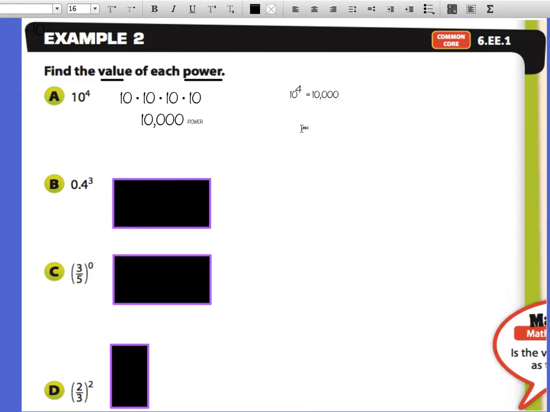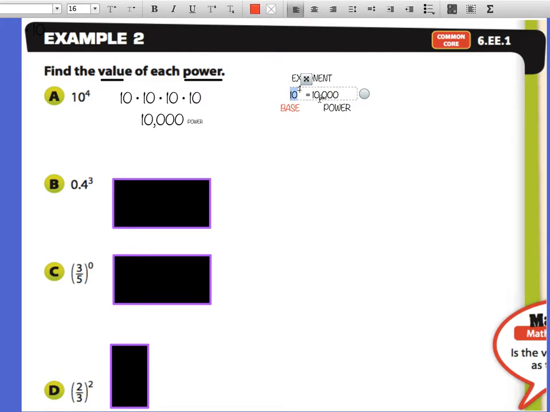All right, so I know that we say "to the fourth power," but that doesn't make it the power. So you have to remember that this is the power, this is the exponent, and this is the base. And here we can even color code it. So base: 10 is the base because that's what's being multiplied.